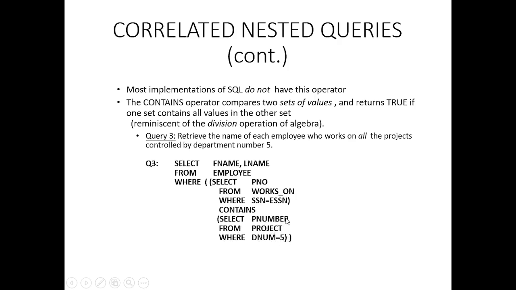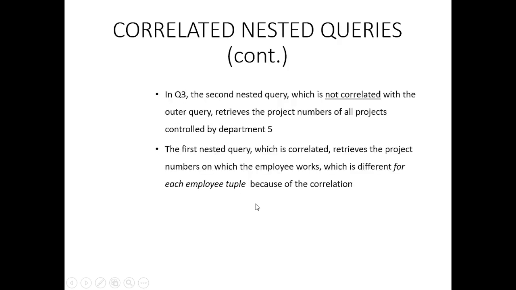Here it will return this project number that is not a correlated nested query because this does not reference this outer query. Okay, but this select PNO from works on where SSN equal to ESSN actually does.